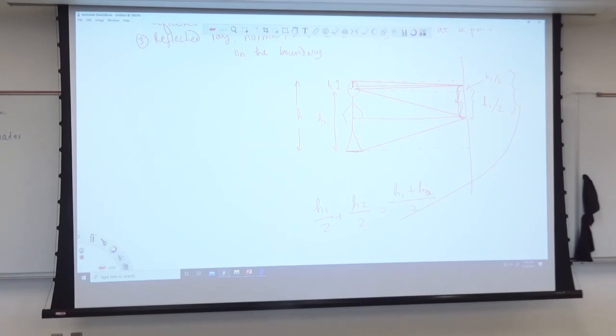And then we know that h1 plus h2 is h, okay, over 2. That means the size of the mirror is half the size or height of the person.